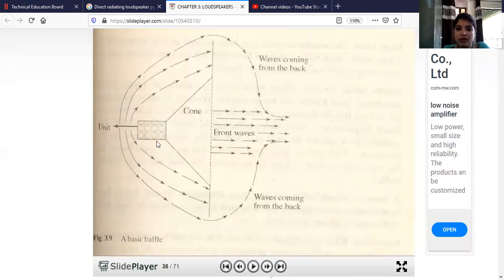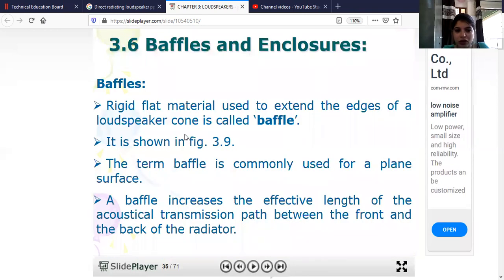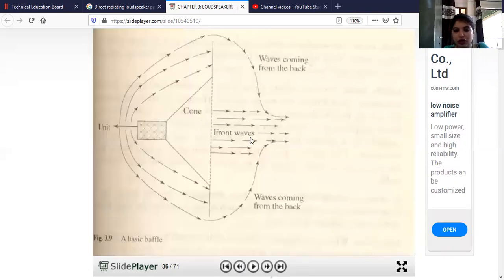So the loudspeaker has sound waves from the front and from the back. The term baffle is also known as plane surface. Baffle is increasing the efficiency. You can see that sound energy is increasing from over here, as front plus back waves, so the efficiency will be more.